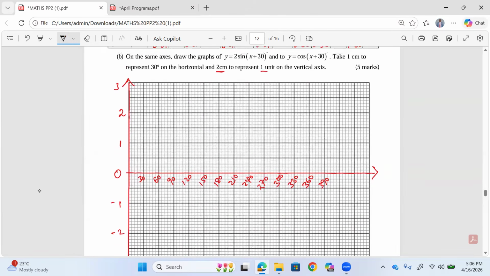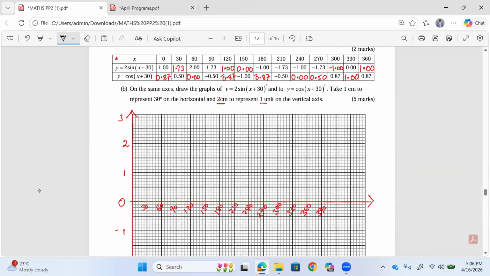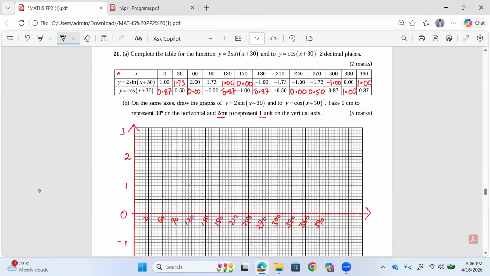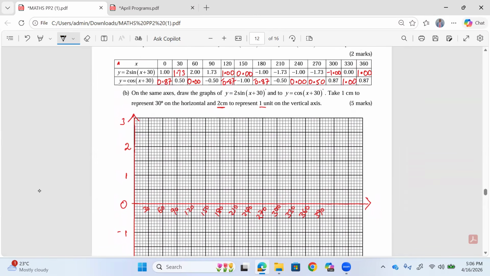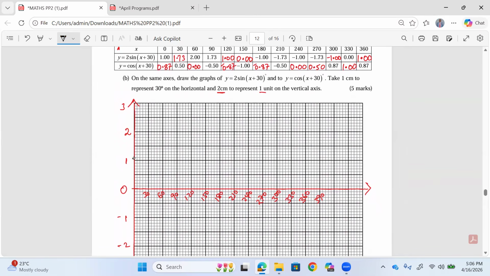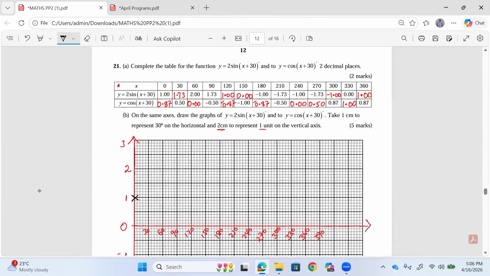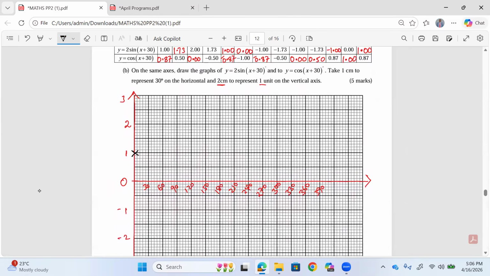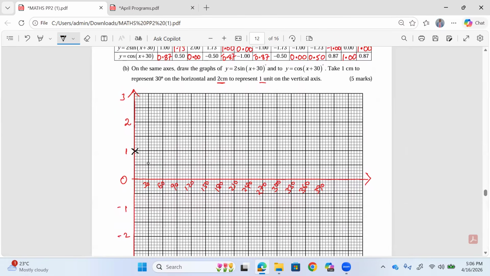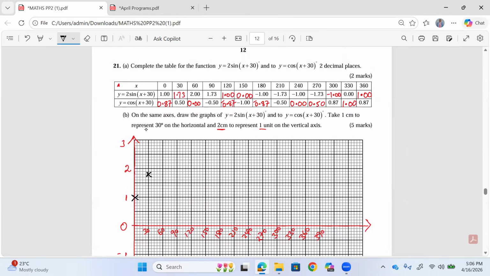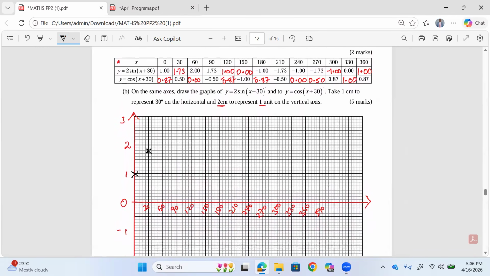The axes have properly been labeled. So now we start with the first wave until we finish the plotting and also the drawing. So 0 and 1, like that. Then 30, 1.73. This is 1.5, so 1.7 somewhere there. Then at 60, exactly 2.